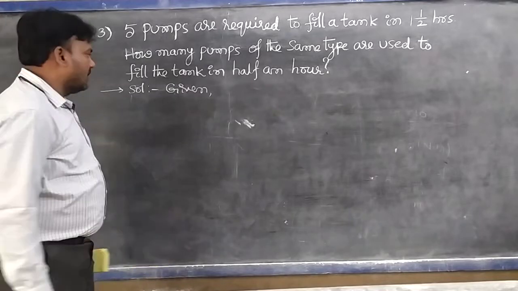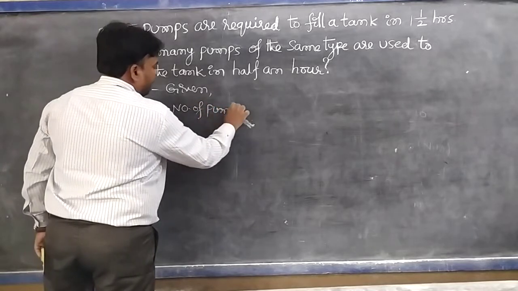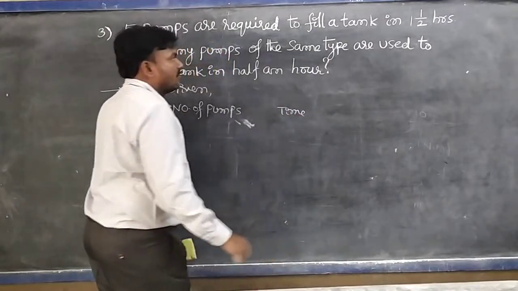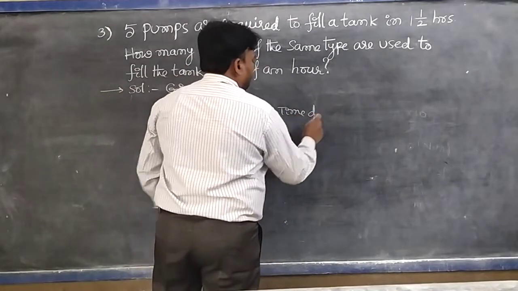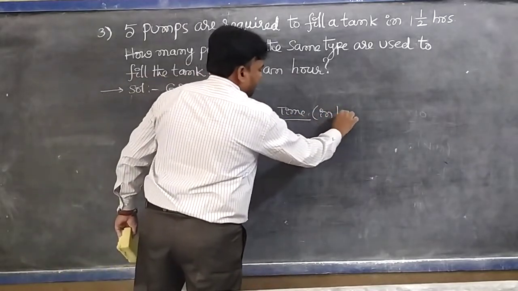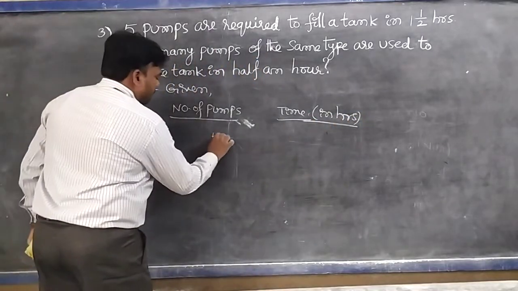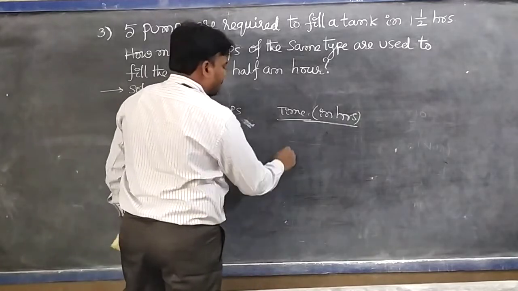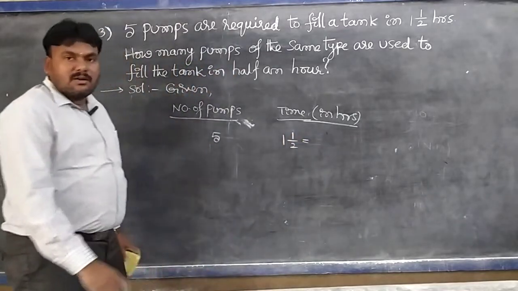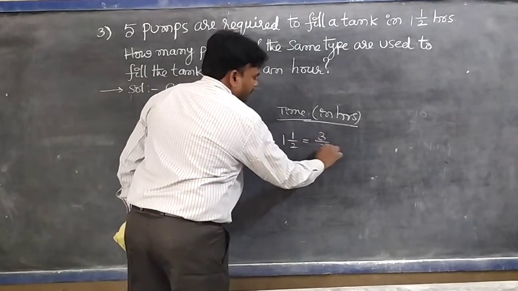On one side, number of pumps, and again time duration, time in hours. 1 1/2 is a mixed fraction. Convert into improper: 2 ones are 2 plus 1, 3/2, 3 by 2, students.